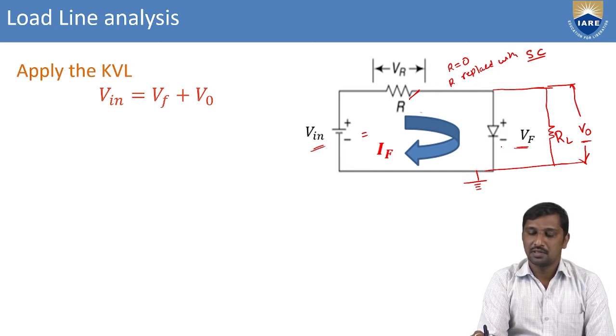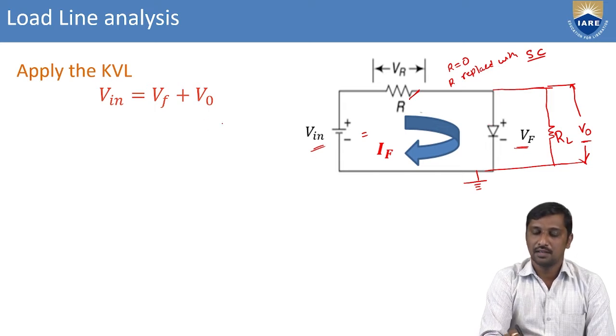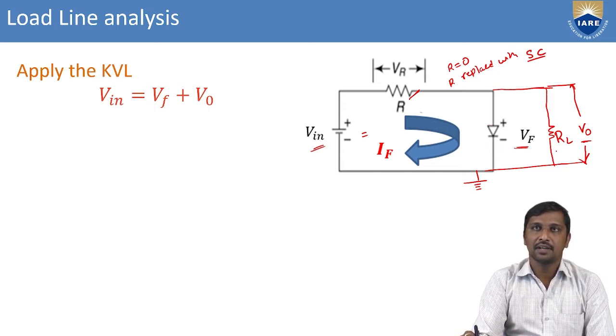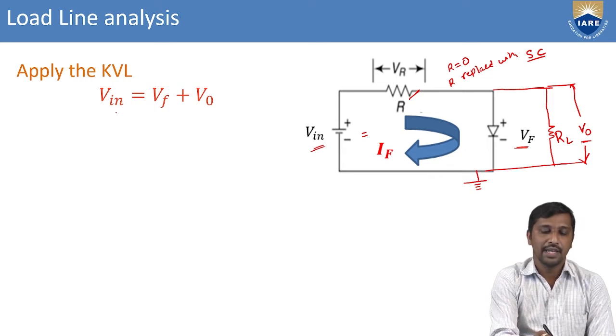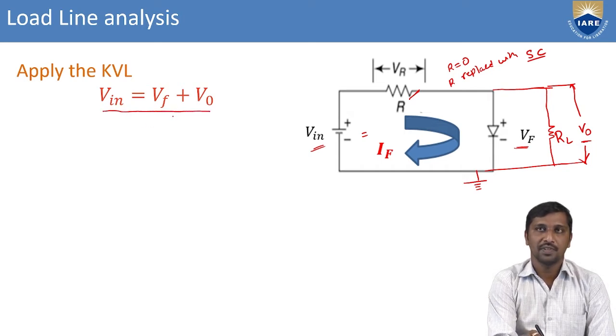What is this voltage? The voltage drop across the diode is VF, and the voltage drop across the load resistance RL is represented as V0. Hence, Vin is equal to VF plus V0.